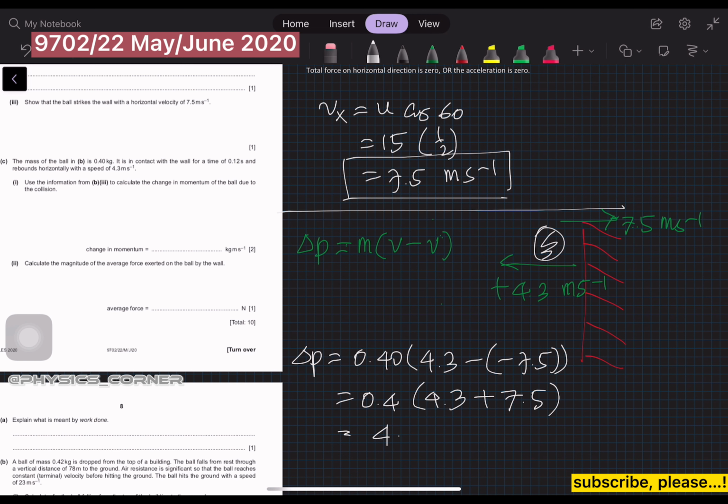This is 4.72 kilogram meter second minus 1. That's it. This is the answer.